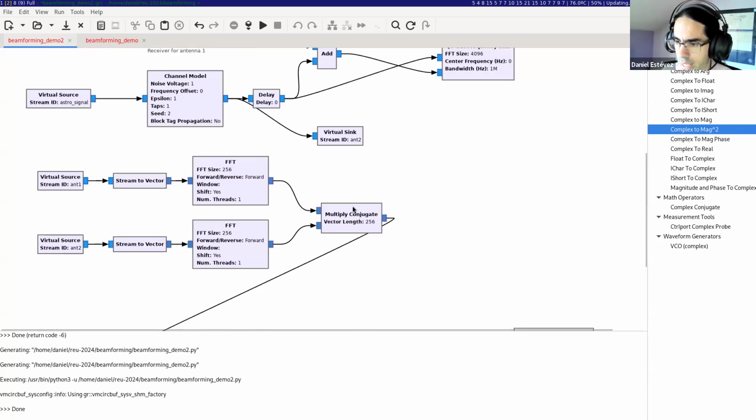And when I multiply the complex value from one antenna by the complex conjugate of the other antenna, I'm extracting the phase difference information. And the reason is, if you think about complex exponentials, the phase is the thing that goes on the exponent together with the i number.